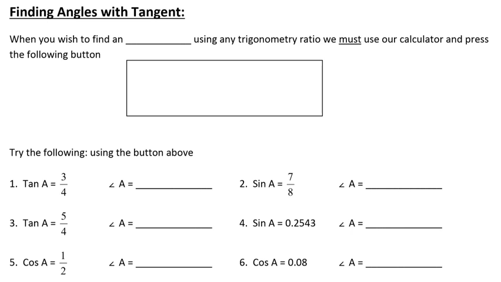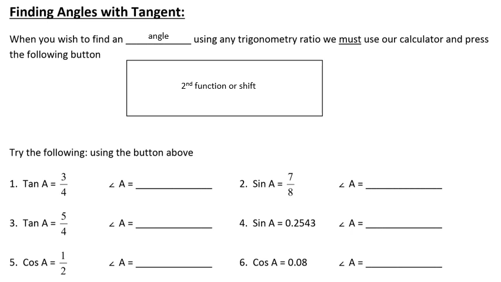So when you wish to find an angle using any trigonometric ratio, we must use our calculator and press the following button. So it's either a second button or a shift button. And again, the way we put this in our calculator depends on your calculator. So if you put the number in first before, you're going to put the number in first again, and then press second tangent or second sine or second cosine.